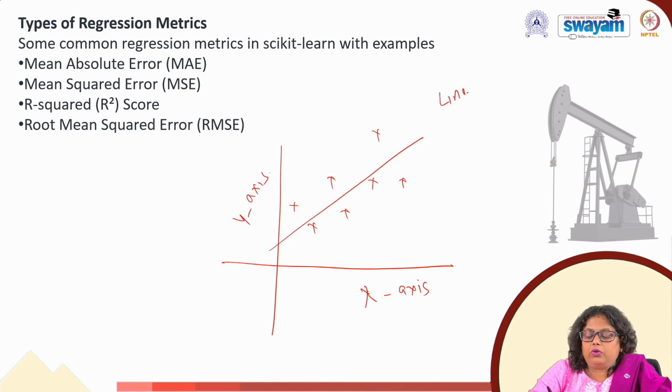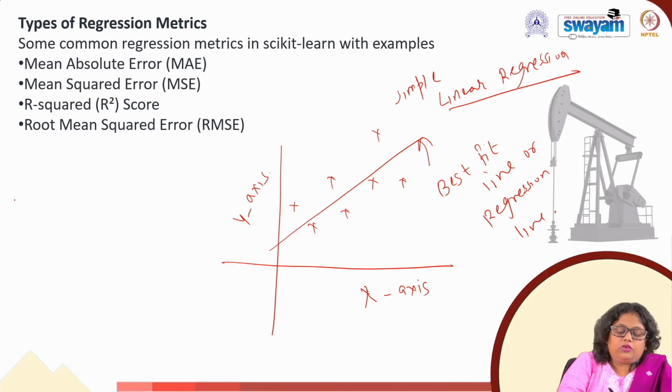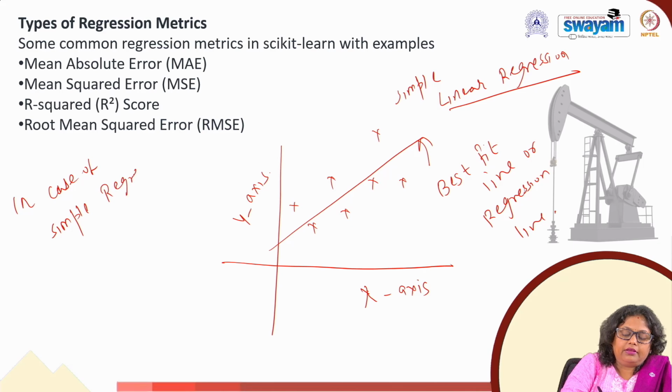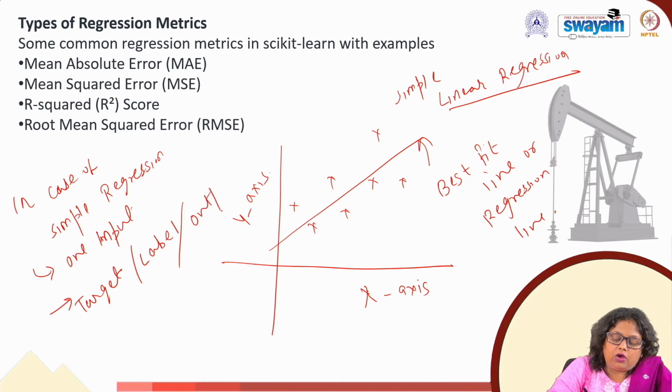This is the simple linear regression discussion, where we have this best fit line or regression line. In case of simple regression, we have one input and one associated target or label, which we also call the output.